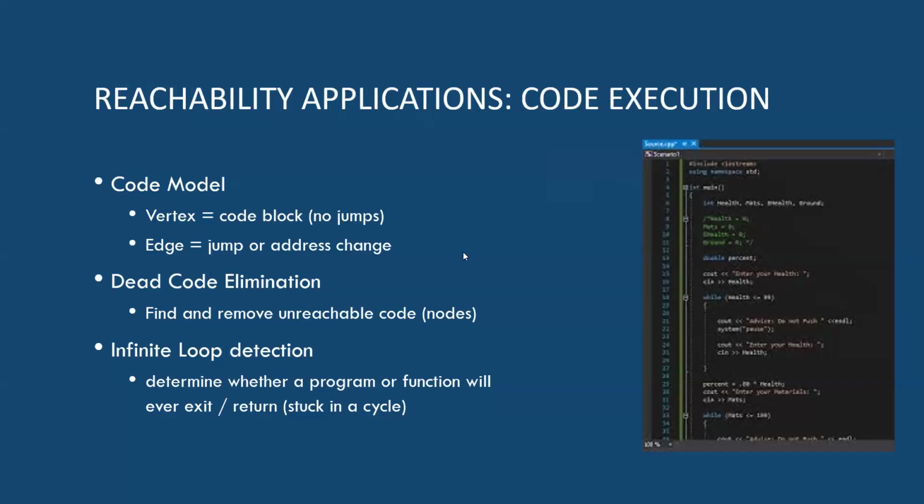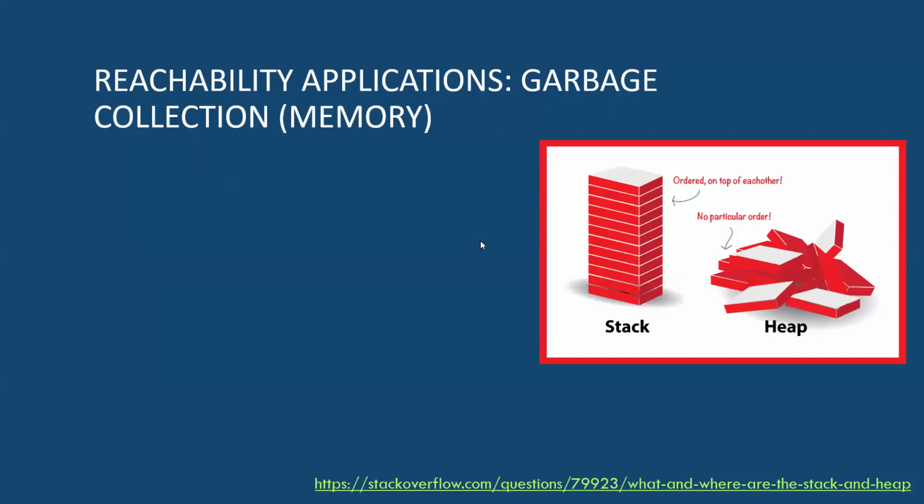Another thing that's really interesting and a use of these directed graphs is garbage collection in languages like Java and Python. And this is a really fantastic Stack Overflow discussion about what it means to be on the stack and on the heap. But basically, we use an idea of reference counting very often. So the vertex in our graph would be some instance of memory usage pointed to by something, right, in code. And every pointer that refers to that thing would be an edge.